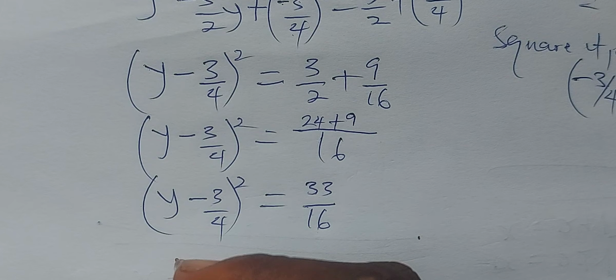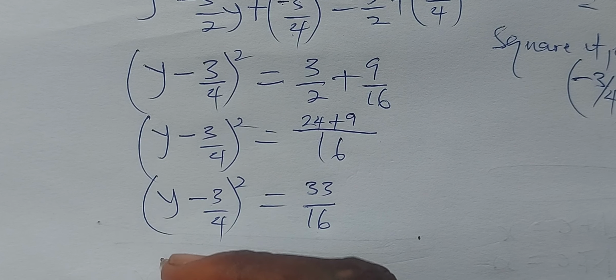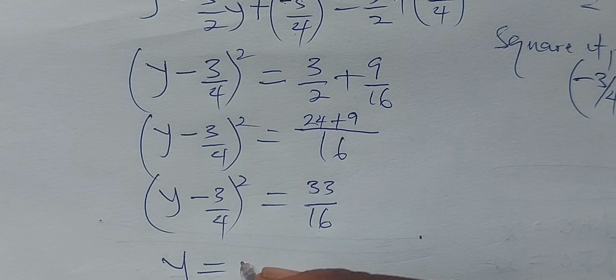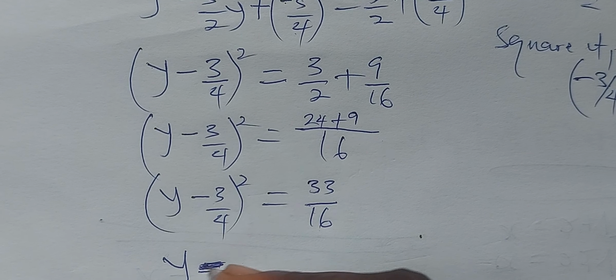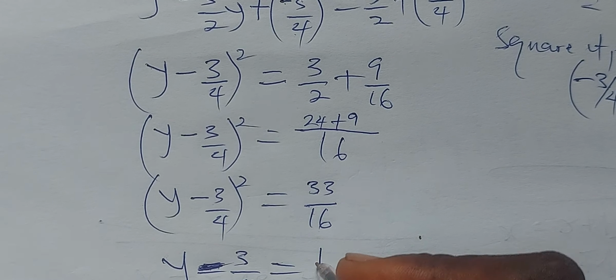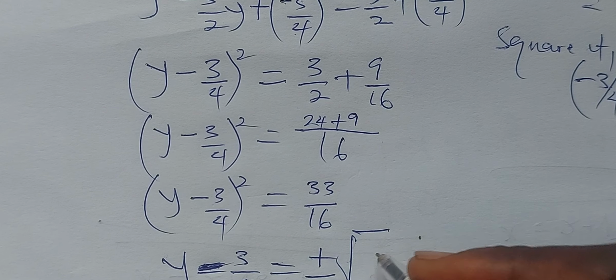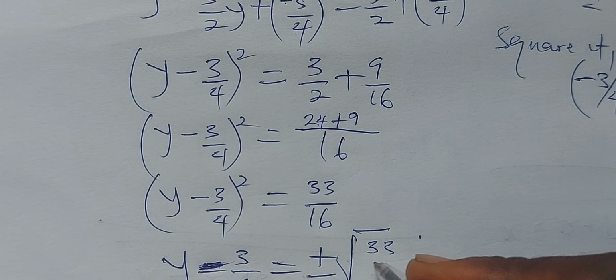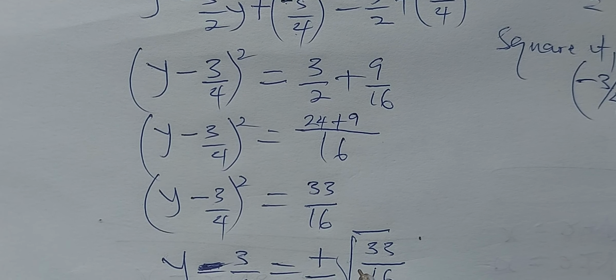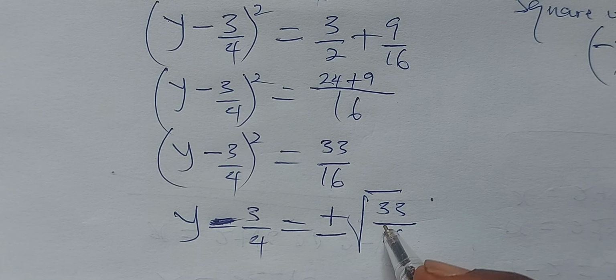So what you do is to do the main solution. y is equal to, you clear the square. y minus 3 over 4 equals plus or minus, because you are introducing the square root sign. Okay. Mind you, it is serving for both the numerator and denominator.